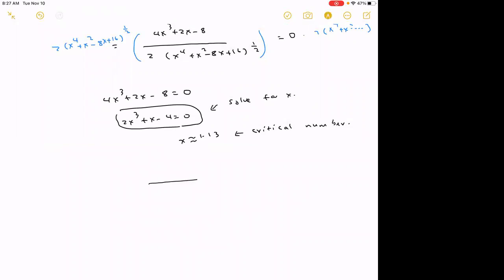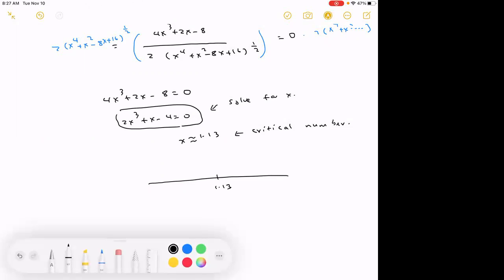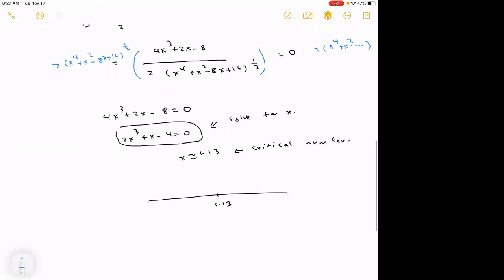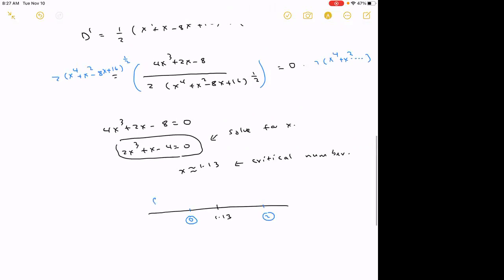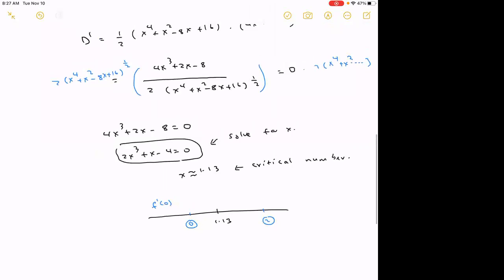Well, if you plot 1.13 here and choose some test points on both sides of it, now we are using the first derivative test. Which point do you want to choose here? You can choose 0, right? You can choose 2 test points. Now you plug in 0 for x in the derivative, d prime.